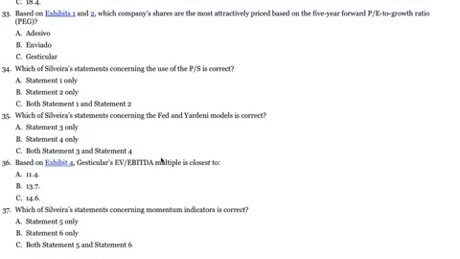Which of Silveria's statements concerning the Fed and Yardeni models is correct? 3, 4, or 3 and 4, both, so we have to look at those two. And based on Exhibit 4, the enterprise value to EBITDA multiple for Gesticular is closest to. And finally, which of Silveria's statements concerning momentum indicators is correct? All right, let's go see what we have now that we're aware of what we're looking for.